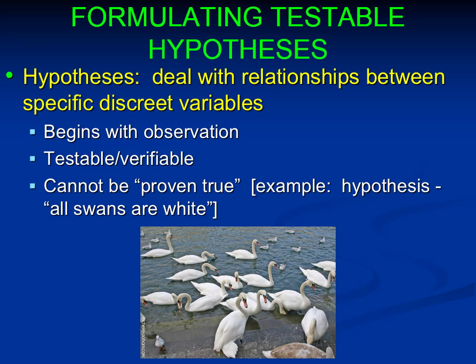So starting with an observation here, you might observe a large group of white swans, or over time you may even see group after group after group of all white swans. So you might come up with a hypothesis here that all swans are white. But you can never, ever definitely prove this hypothesis, right?